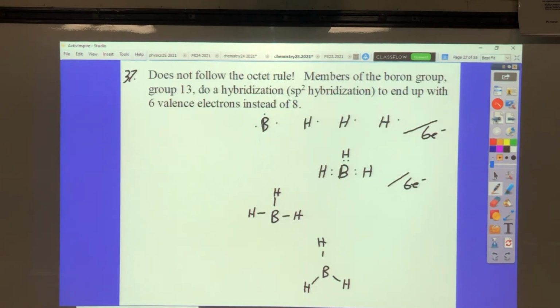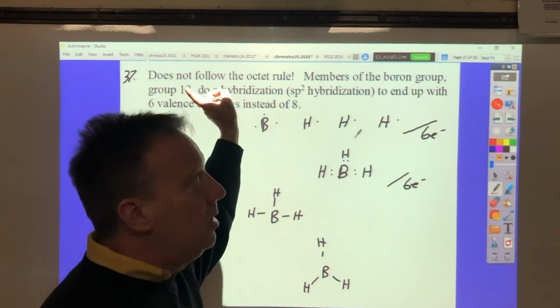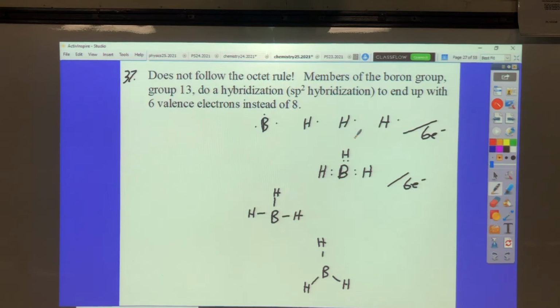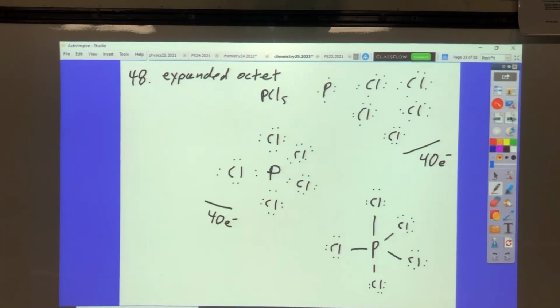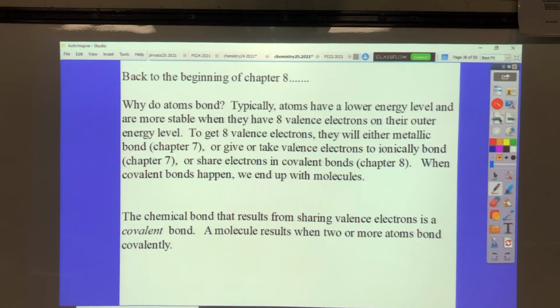Even hydrogen, up in this corner, is still a nonmetal. It's the only nonmetal on this side of the table, but it's still a nonmetal. All nonmetals sharing between nonmetals. That's covalent, and you get a molecule.